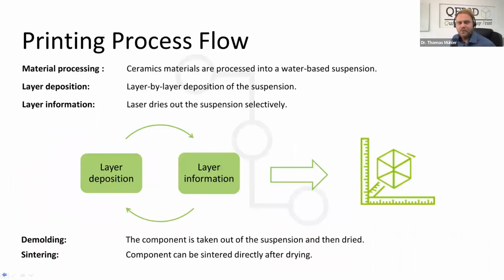Apart from creating the 3D data and uploading the STL file to the machine, the preparation of the printing process in our house always begins with the preparation of the material. For the material processing, the ceramic powder, binder, and some additives are processed into a water-based suspension.